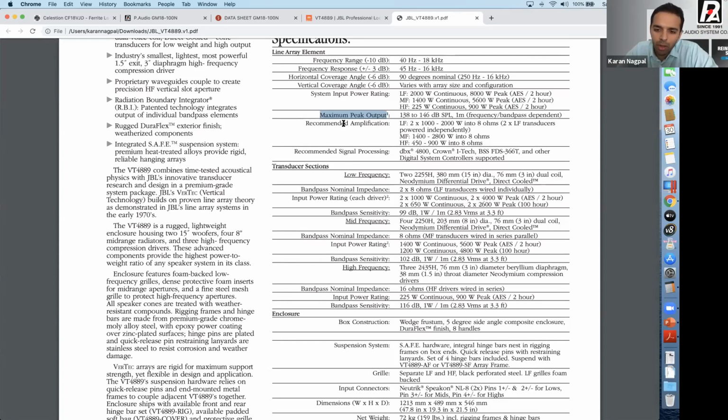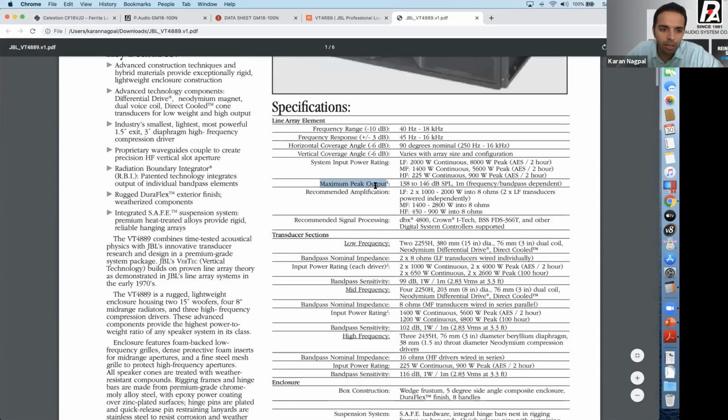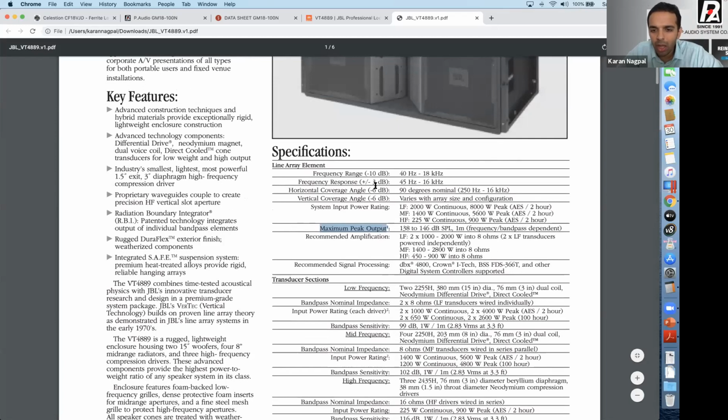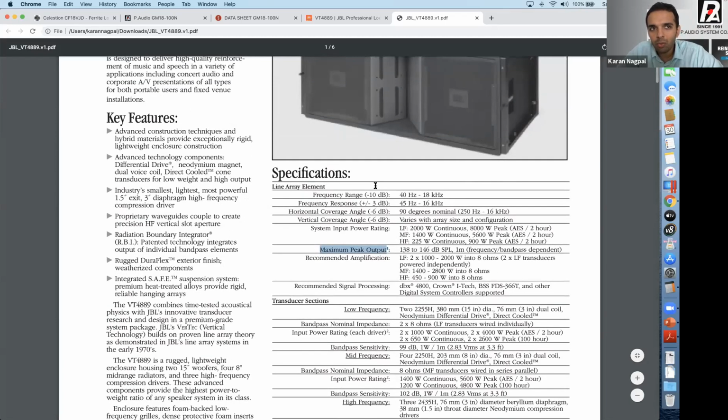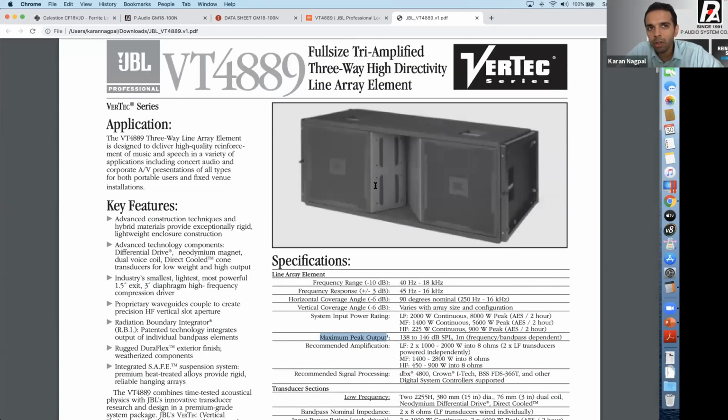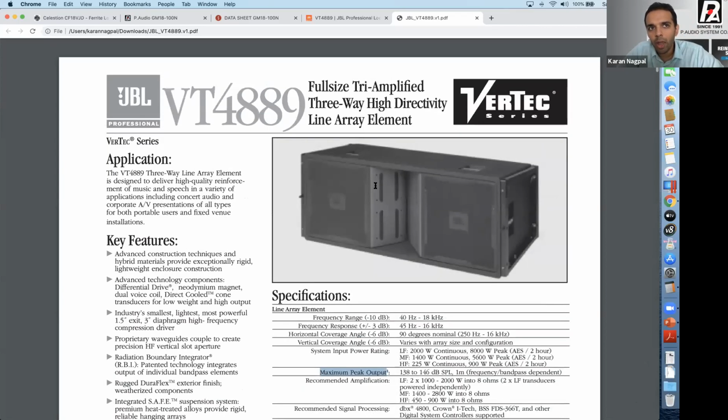Maybe 137, 138 is normal out of a single one, and maybe using 3 of them, you would be getting 146. So if they do a comparison, maybe the sales guys would say, hey, this line array is 145 dB SPL, I'm 146. But again, trust your ears.